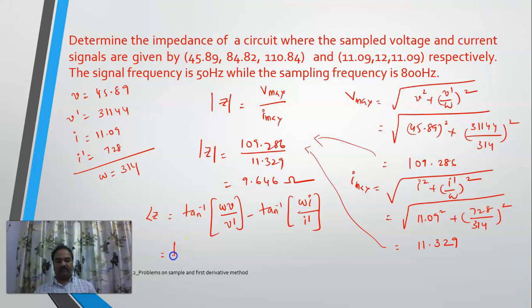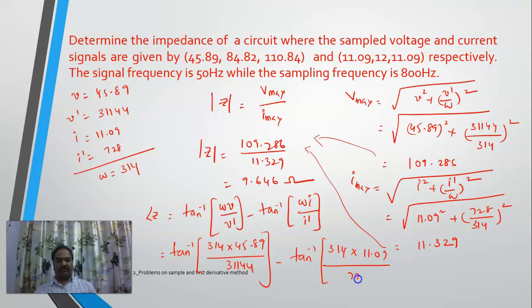So this is tan inverse of omega, 314, into v, 45.89, by v dash, 311.44, minus tan inverse of 314 into 11.09 by 758.